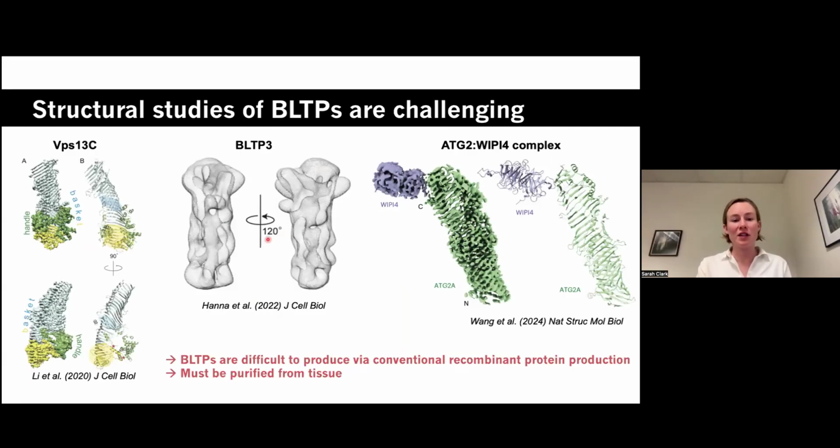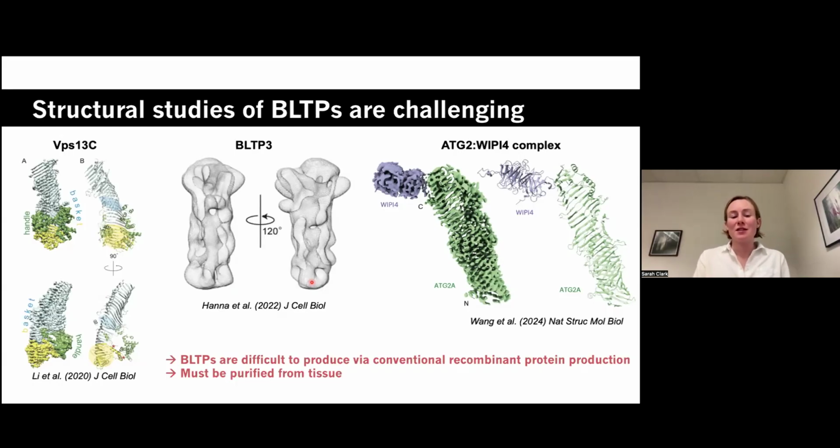In all of these different cases, it's obvious that there's this beta strand backbone, as was predicted, that forms the tube-like structure, and there is a cavity in the middle of the protein. But one essential thing that was missing from all of these structures was the interaction between the protein and the lipids, because that's one of the most important things that's going to give us insight into how this protein is functioning.